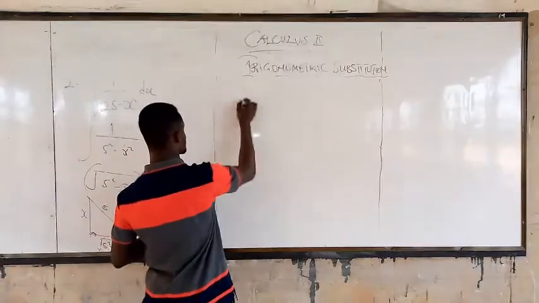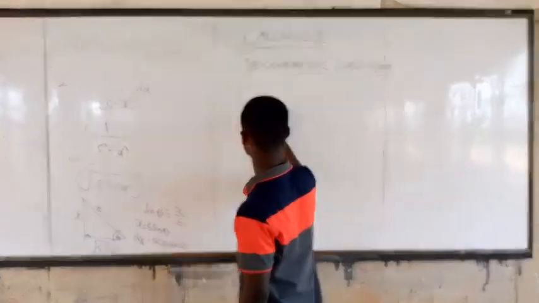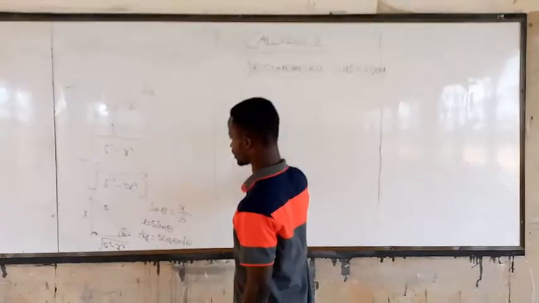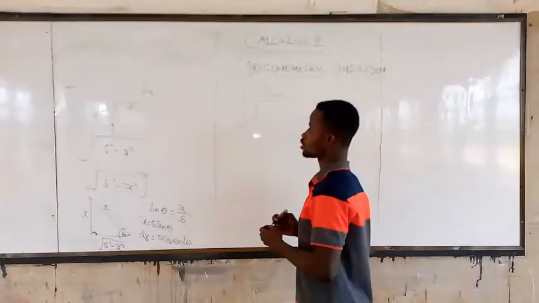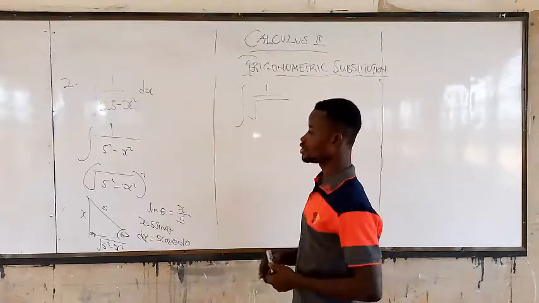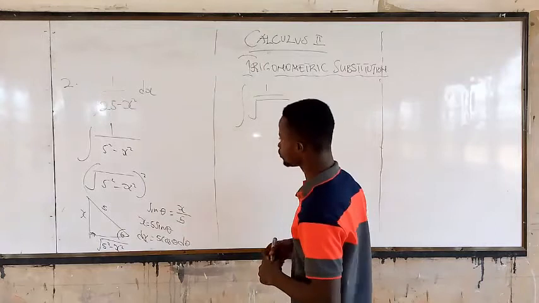So by substitution to here, we are going to get 1 over the square root of, but we know that even if you create and you destroy, it's still the same thing. But don't worry, let's bring it.